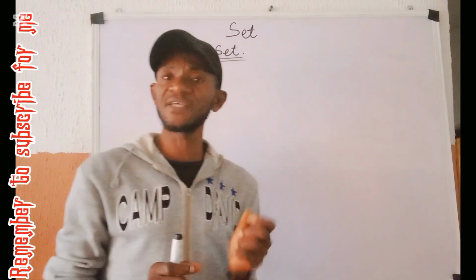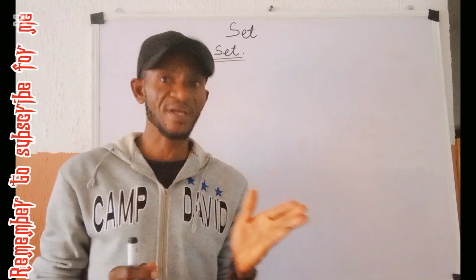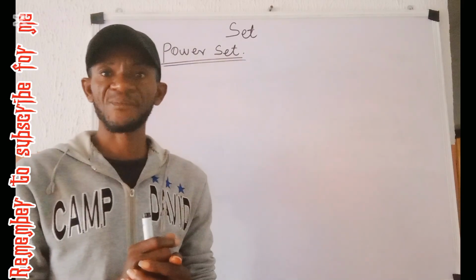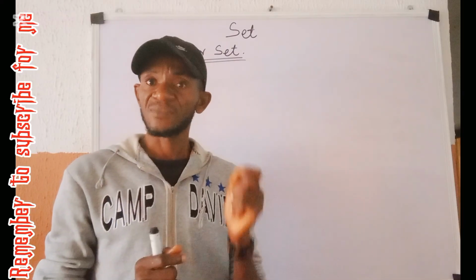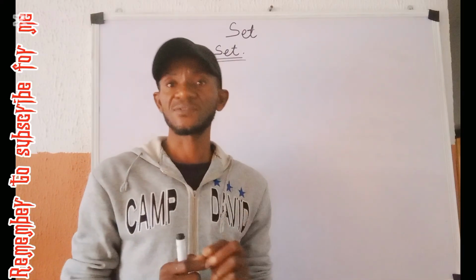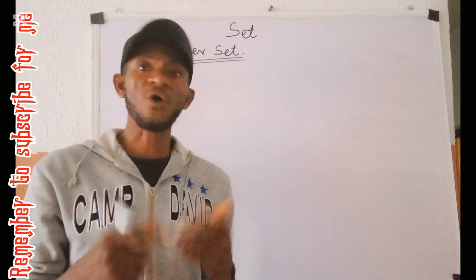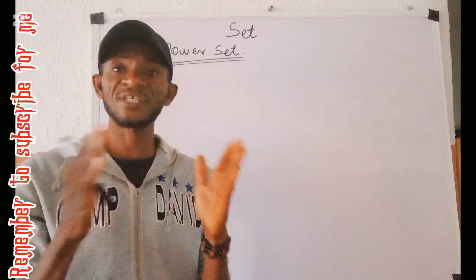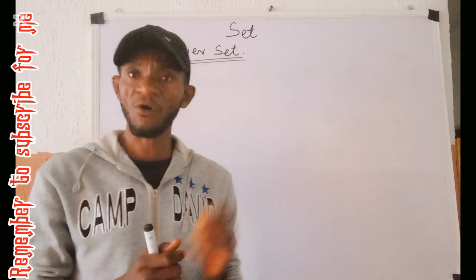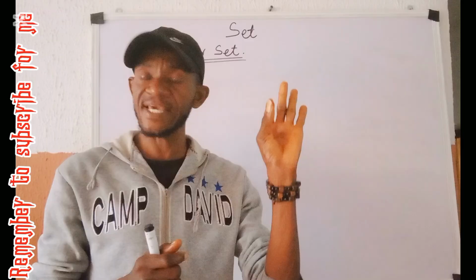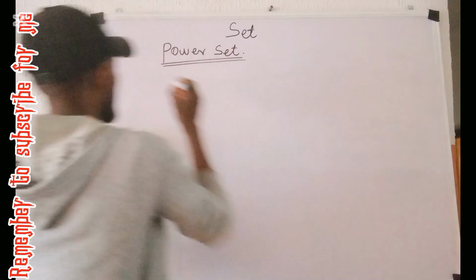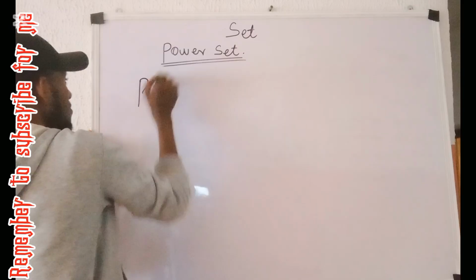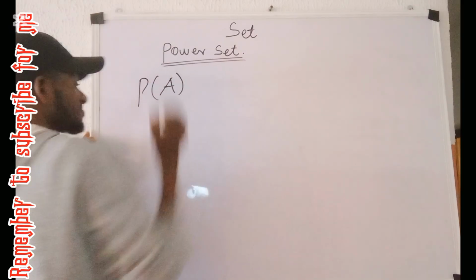So, the concern is: what is a power set? By definition, a power set is a collection of all possible subsets of a set, say A, denoted by P of A.